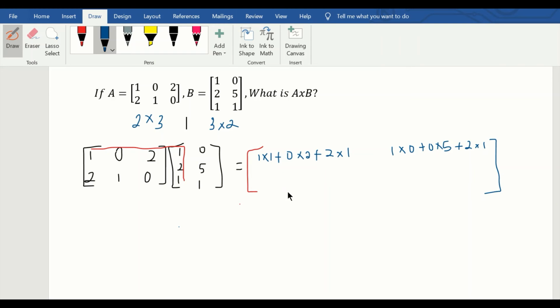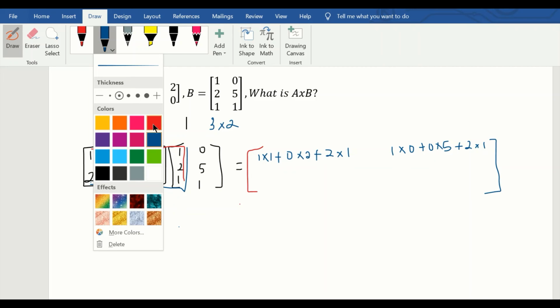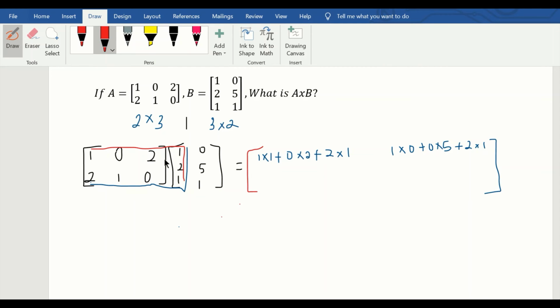So to get the other elements, I will use the second row. The second row will multiply all the columns in the second matrix. So we have 2 times 1 plus 1 times 2 plus 0 times 1.